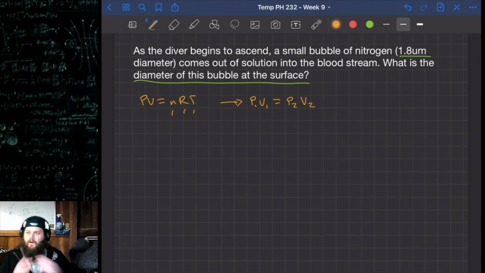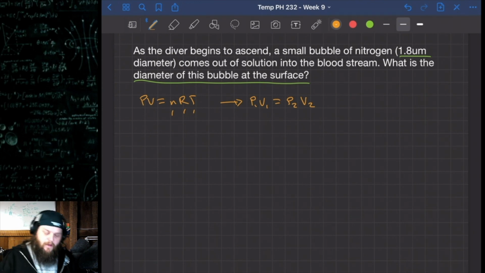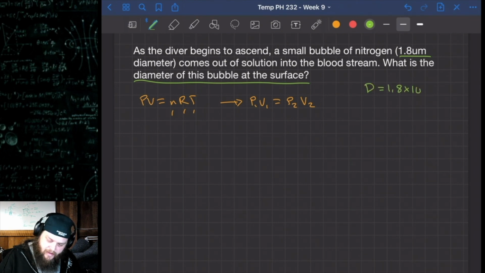So we really want to know how much that volume has expanded. Now we have already said that the diameter of this is equal to 1.8 times 10 to the negative 6 meters. That's micrometers. The pressure at the surface is 1 atmosphere, which is 101,300 pascals.